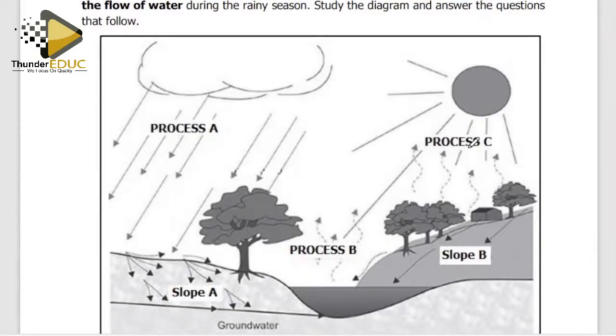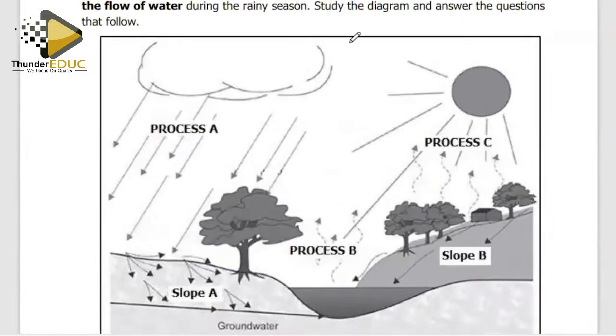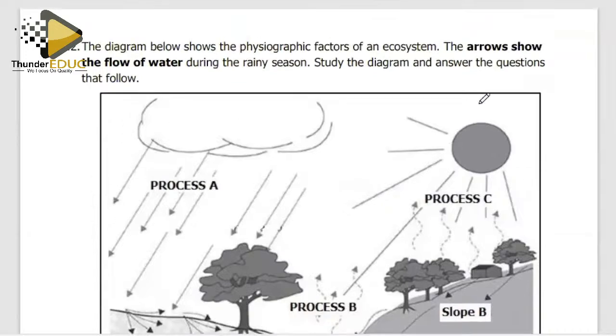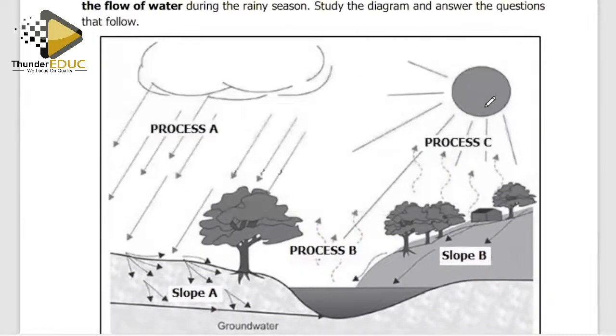If you look at it, we see something like a water cycle. They're saying identify one physiographic factor depicted in the diagram above. One physiographic, look at this.